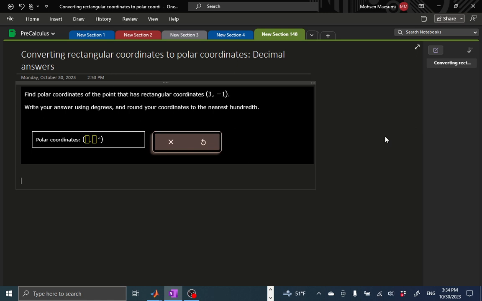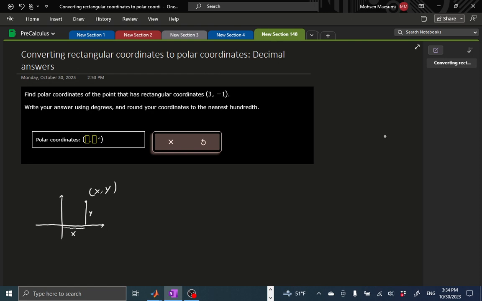We want decimal answers. Facing any of these questions, it's always good to go through a set of formulas relating these two coordinate systems to each other and start from there. So remember that when we have a Cartesian coordinate system, a point has coordinates x and y, and this is the y of it and this is the x of it.